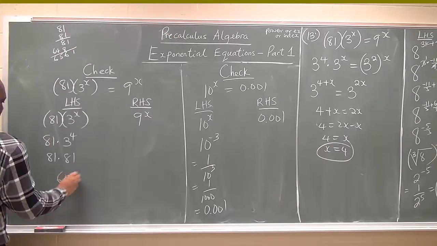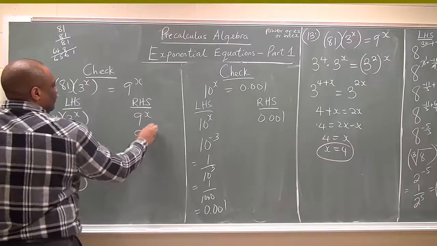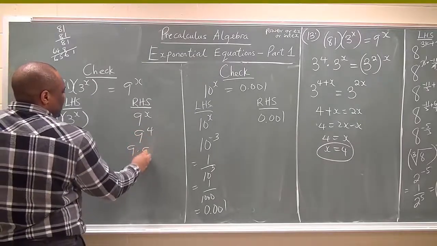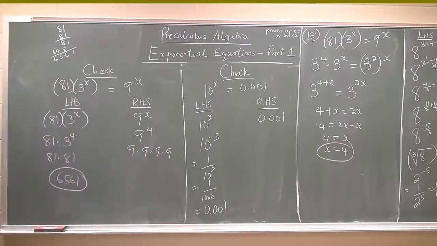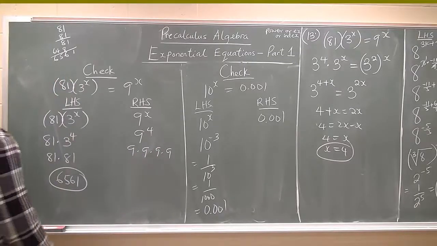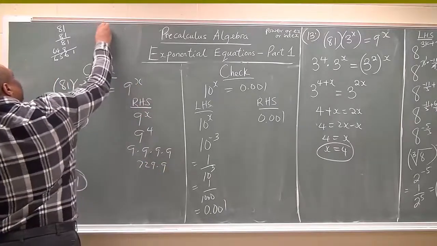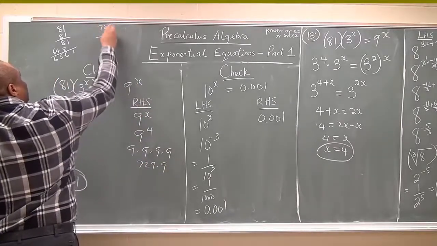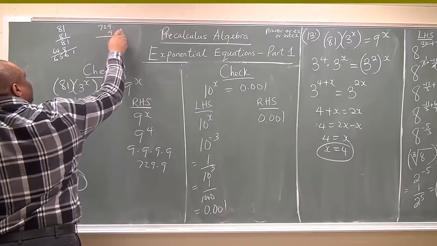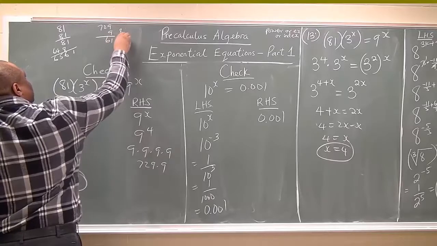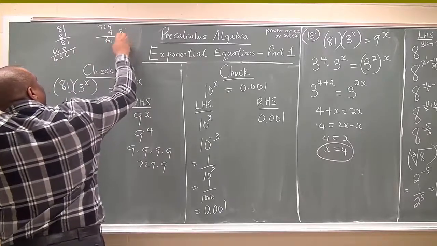And this will be 9 exponent 4, which is 9 times 9 times 9 times 9. 9 times 9, 81, times 9, 729. 729 times 9. 9 times 9, 81, 1 carry 8. 9 times 2, 18 plus 8 is 26, I'm sorry.